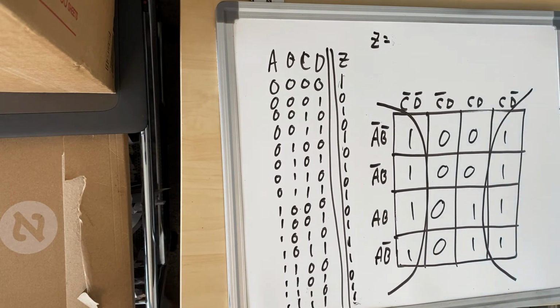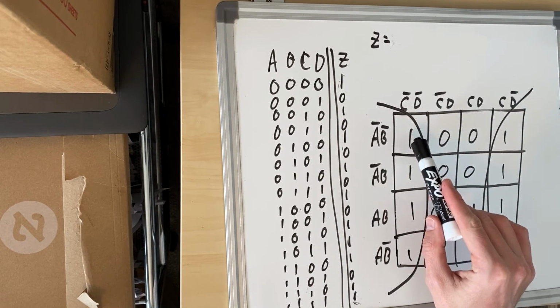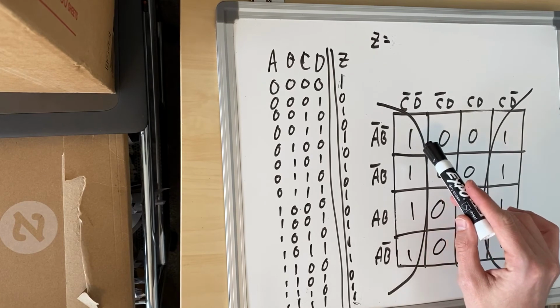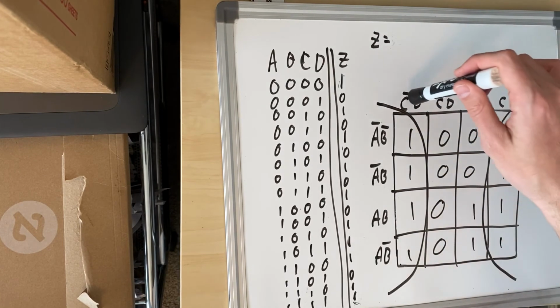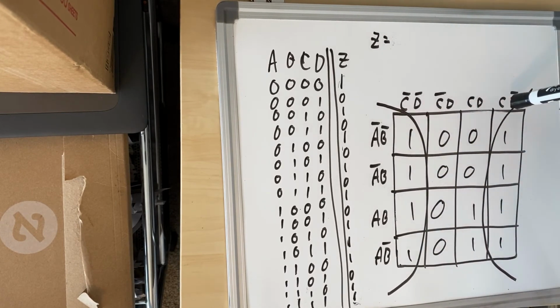So we have to figure out, what do these all equal? Well, what's the same up top? Not C, not D. C, not D. So the only thing that's not changing here would be the not D. It's always going to be not D.